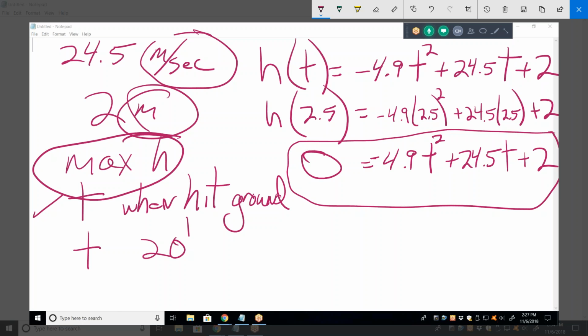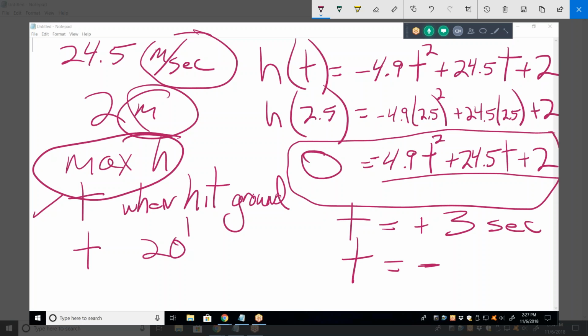But notice that whenever you solve a quadratic, you get 2 answers, right? You're going to get a positive answer, let's say plus 3 seconds, and you're going to get a negative answer, let's say minus half a second.